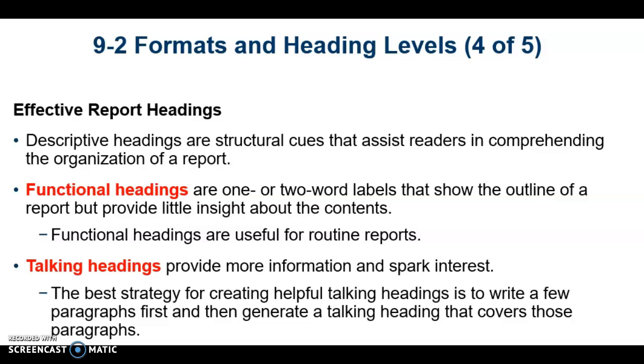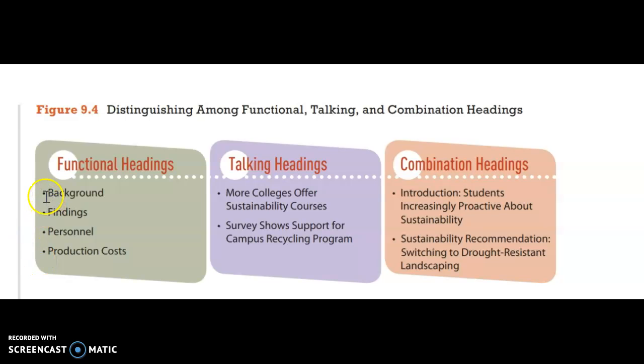So I'm going to show you examples of functional and talking headings. So here are functional headings. Just see how it kind of shows you the background, the findings, the personnel, production costs. But talking headings are going to give you more information.